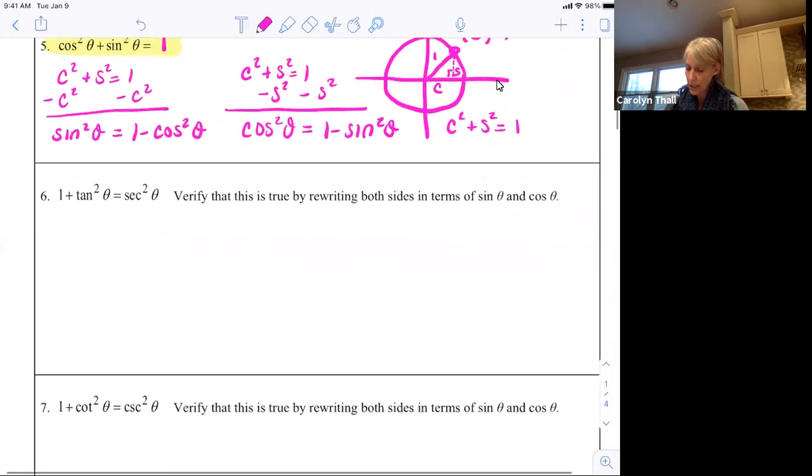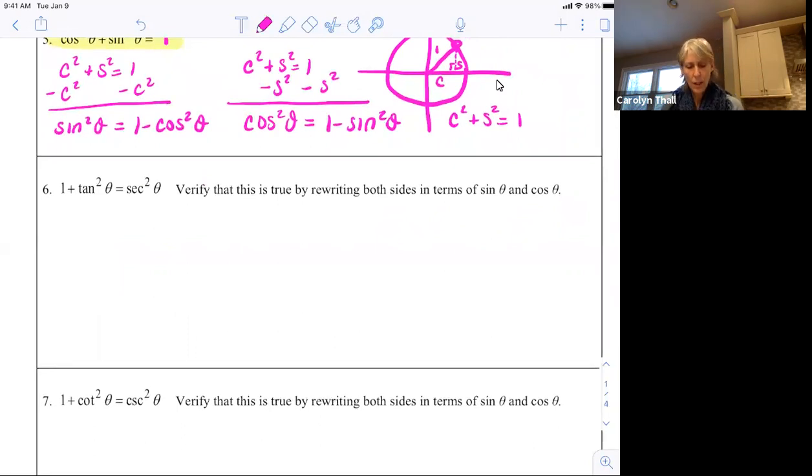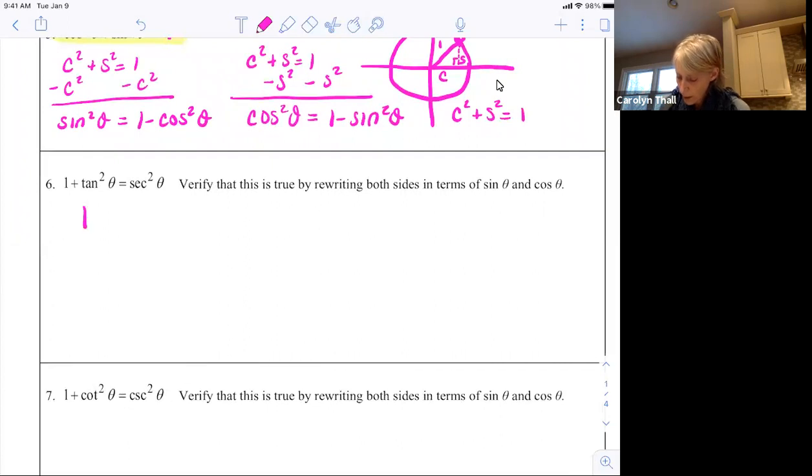Now I have a new identity here. 1 plus tan squared theta equals secant squared. Verify this is true by rewriting both sides in terms of sine and cosine. So I have 1 plus tan squared, which is sine squared theta over cosine squared theta, equals 1 over cosine squared theta. And now I have to use some algebra over here to express this as a single fraction.